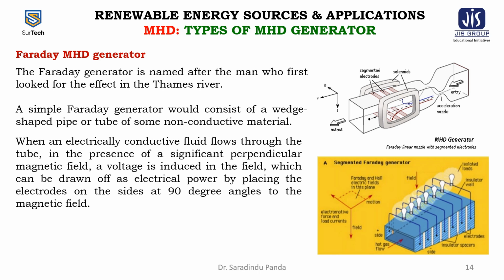When the electrically conductive fluid flows through the tube in the presence of a significant perpendicular magnetic field, a voltage is induced in the field, which can be drawn off as electrical power by placing the electrodes on the side at 90 degree angles to the magnetic field. There are limitations on the density and the type of the field used.